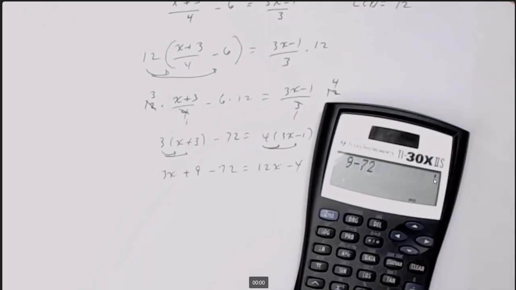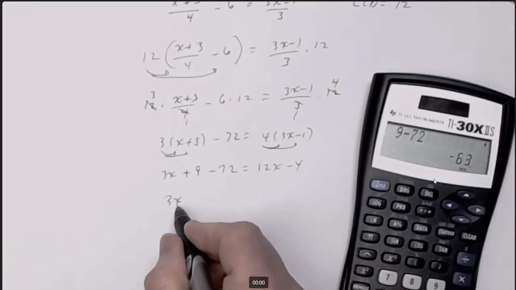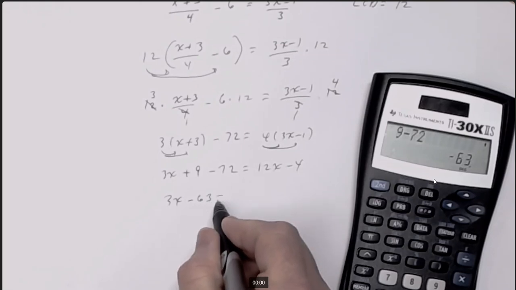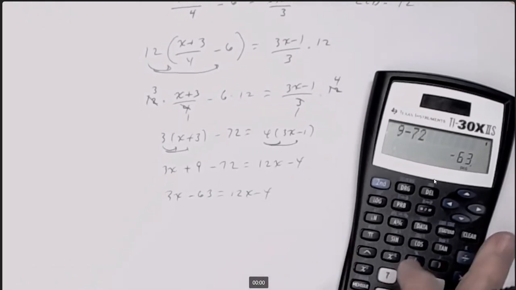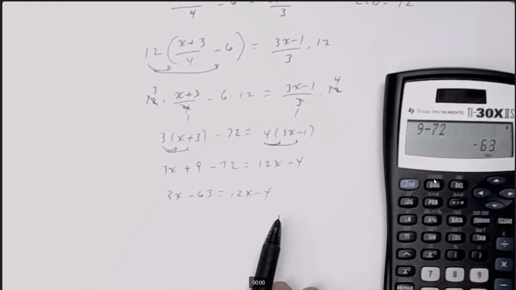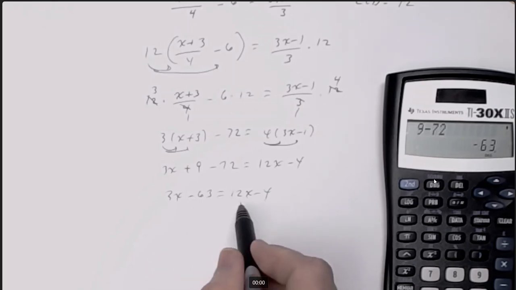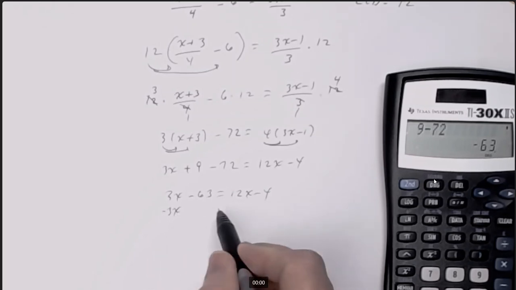So I get 3x minus 63 equal 12x minus 4. Now remember, at that point, this is where you bring all the variables to one side, constants to the other. So I'm going to subtract 3x from both sides. So subtract 3x, subtract 3x. What you do to one side, you do to the other.